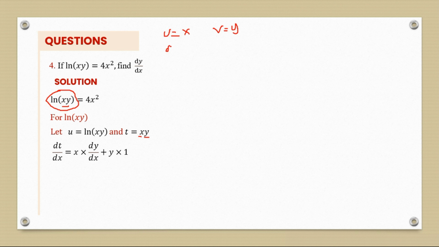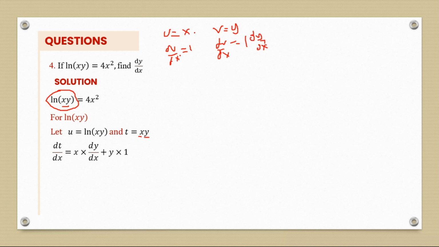So du/dx is equal to 1, and dv/dx is equal to 1, because when we differentiate this we have 1, but because it's a y, we multiply it by dy/dx.